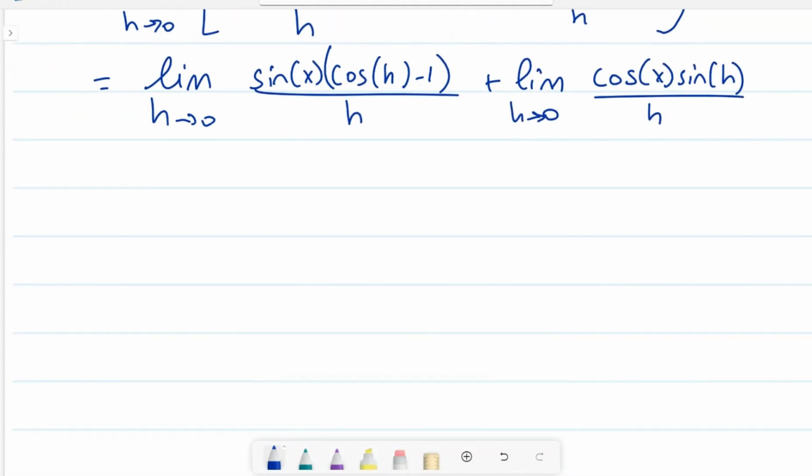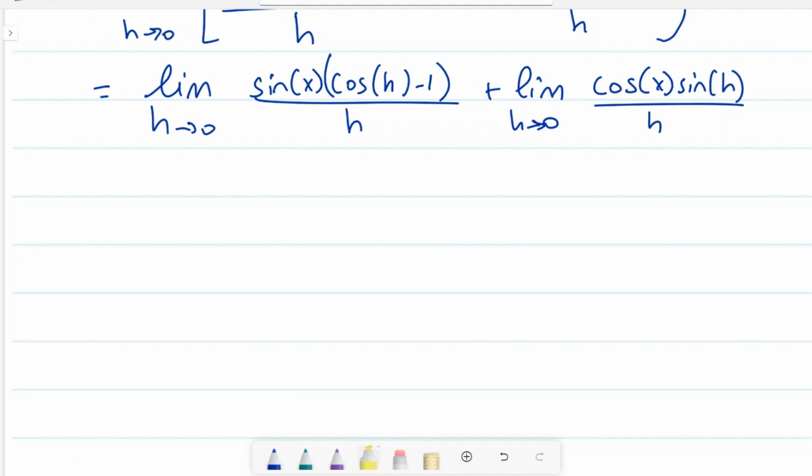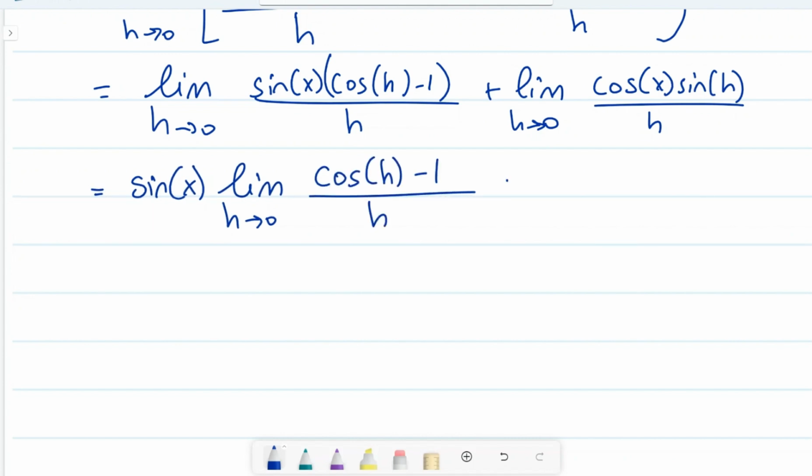And now let's proceed. The variable we are dealing with here is h. So with respect to h, sine x is in fact a constant. So let's take sine x out. And now I'm left with the limit of cosine of h minus 1 divided by h as h approaches 0, plus, again here, cos x is a constant because it has no h in it. So plus cos x times the limit as h approaches 0 of sine h over h.